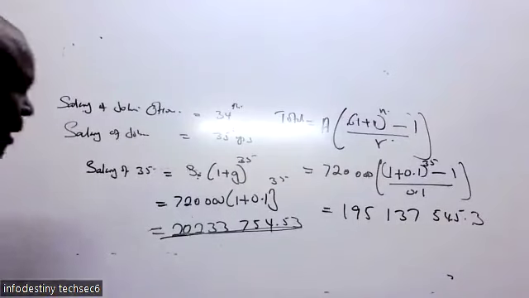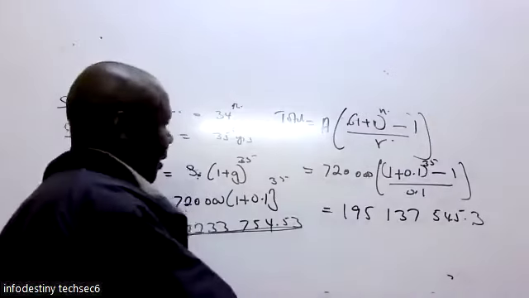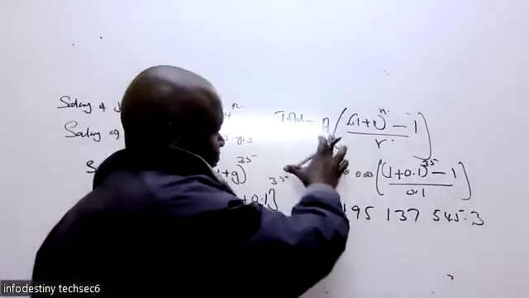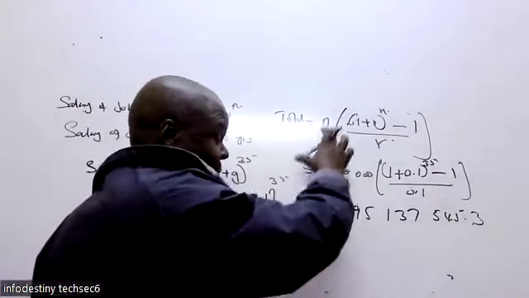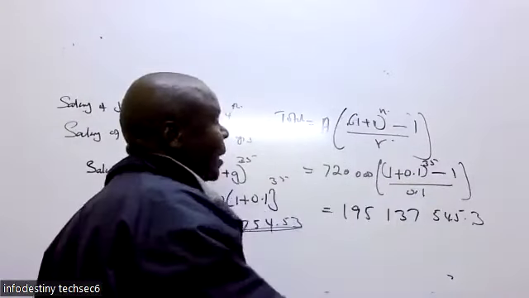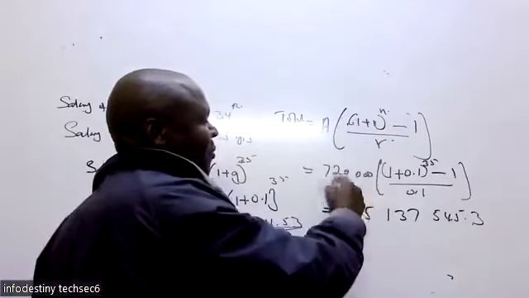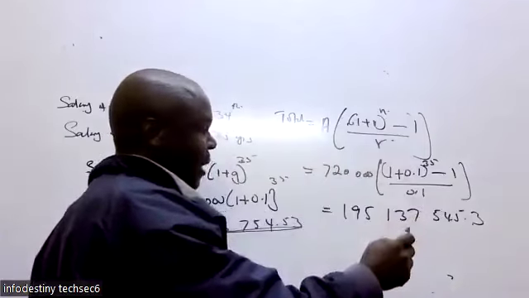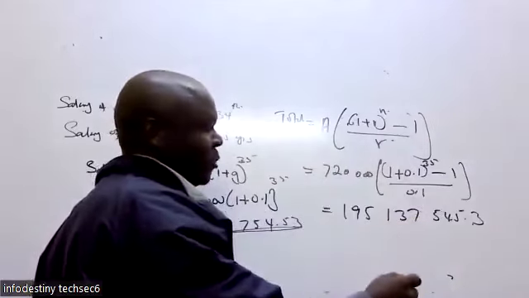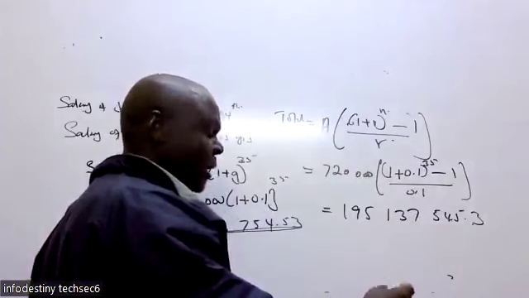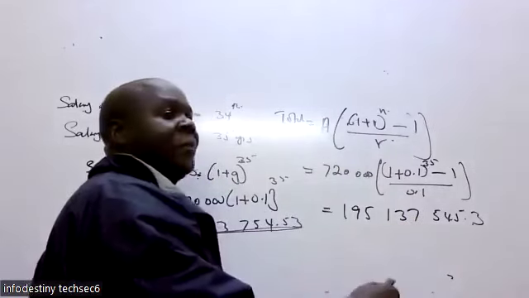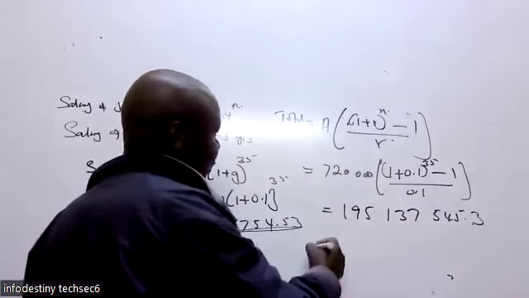Okay, I can give you another formula. This is for future value, when you want to get the amount received. But if you are given the amount which this particular person is supposed to receive in the future, but the money is going to be deposited as an annuity, and they're told to get the money today, the present value, then we use this one.